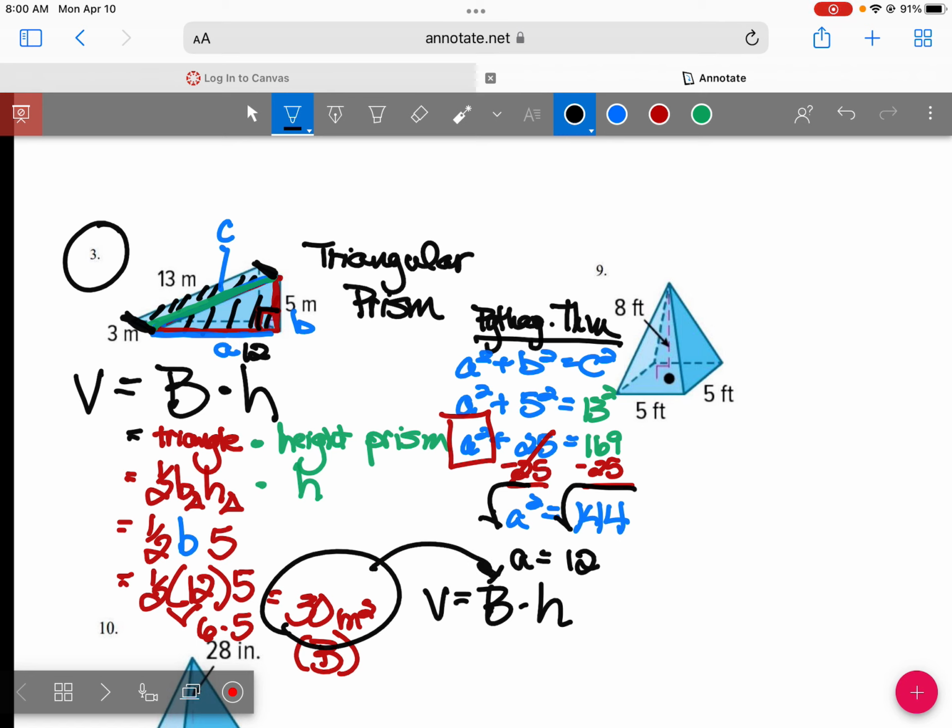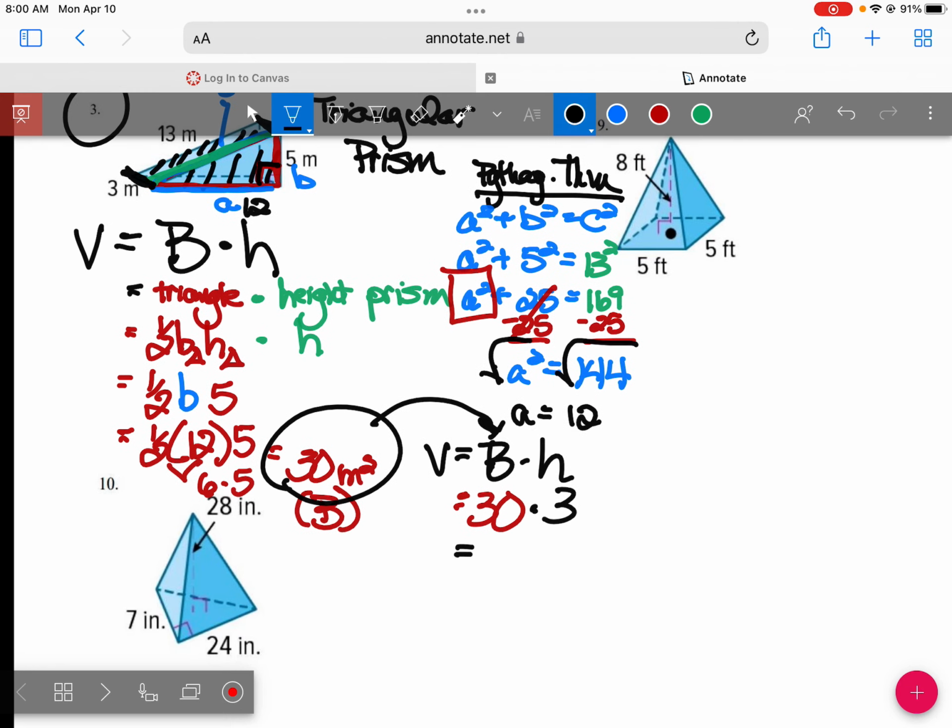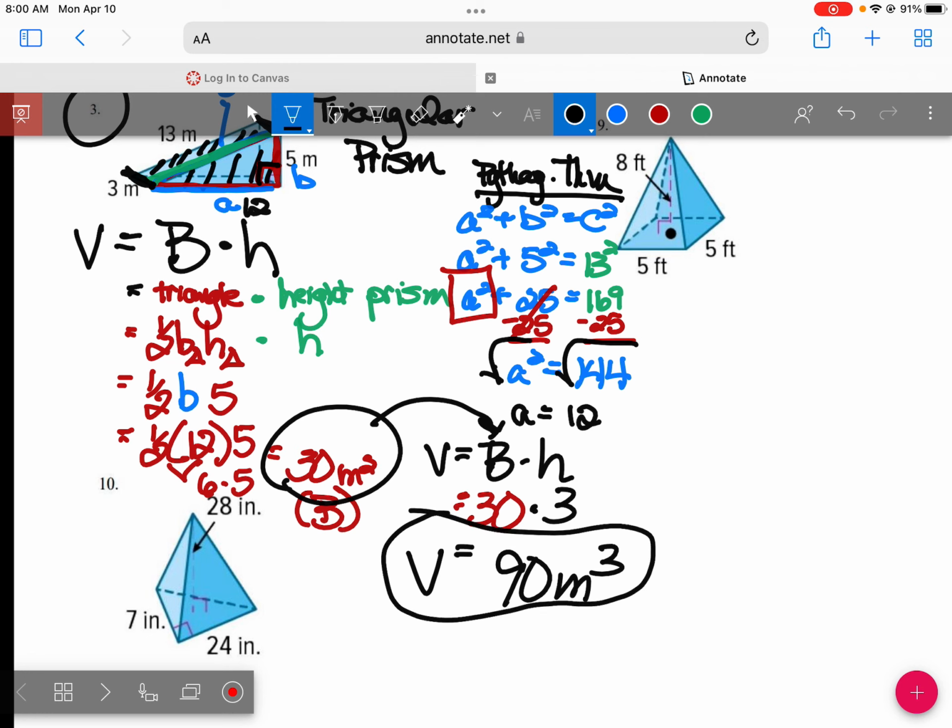Substitute that 30 in. So 30 times a height of 3 is going to be 90 meters cubed. Okay?